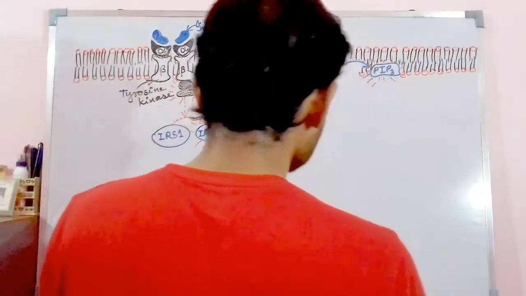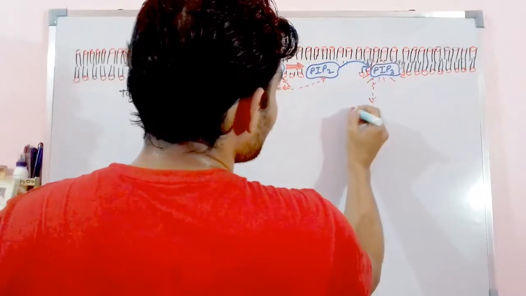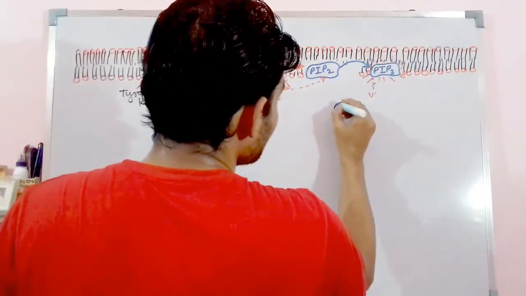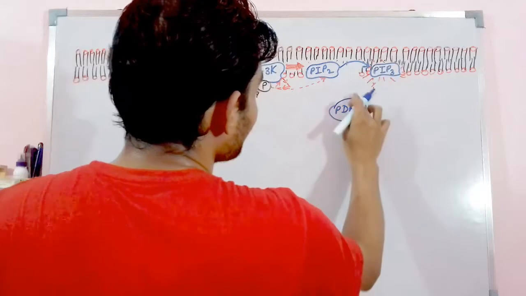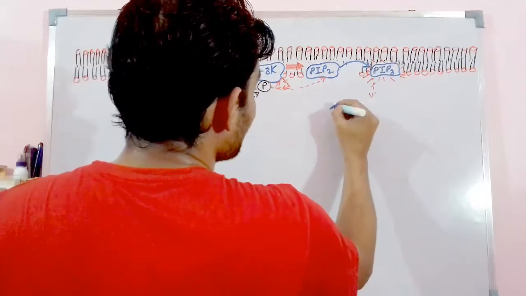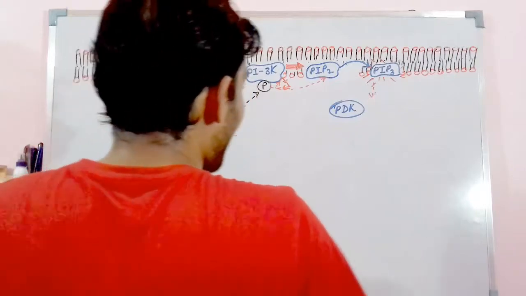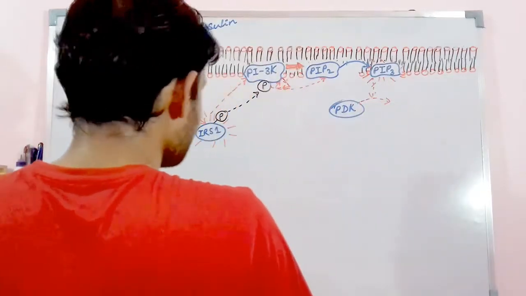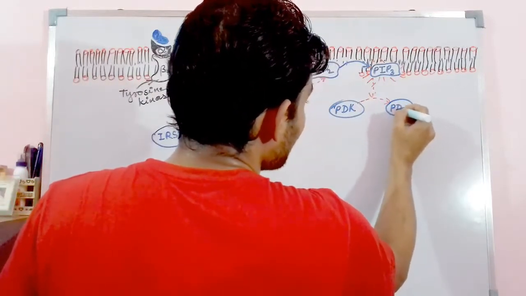So this phosphatidylinositol 3 phosphate will help in converting the inactive form of the protein dependent kinase, or PDK, to the active form of the protein dependent kinase.